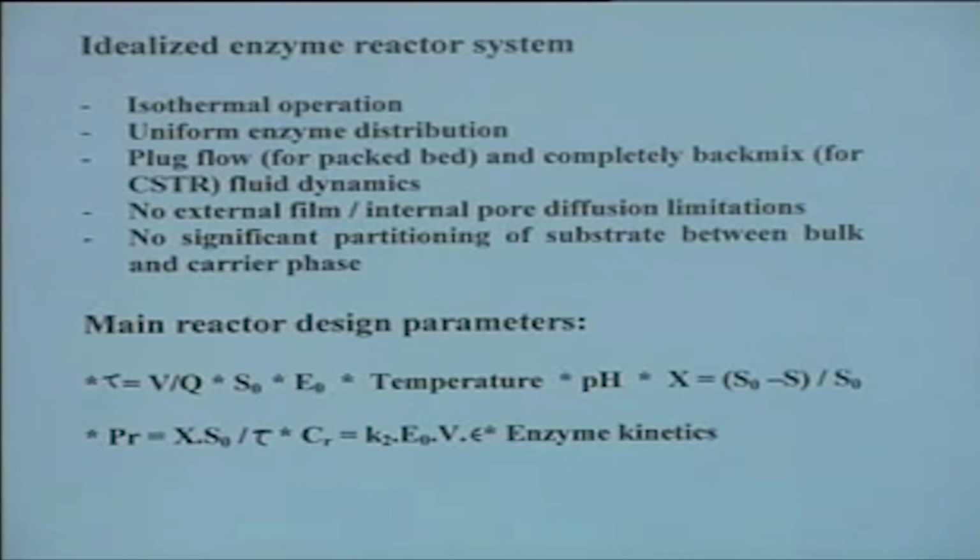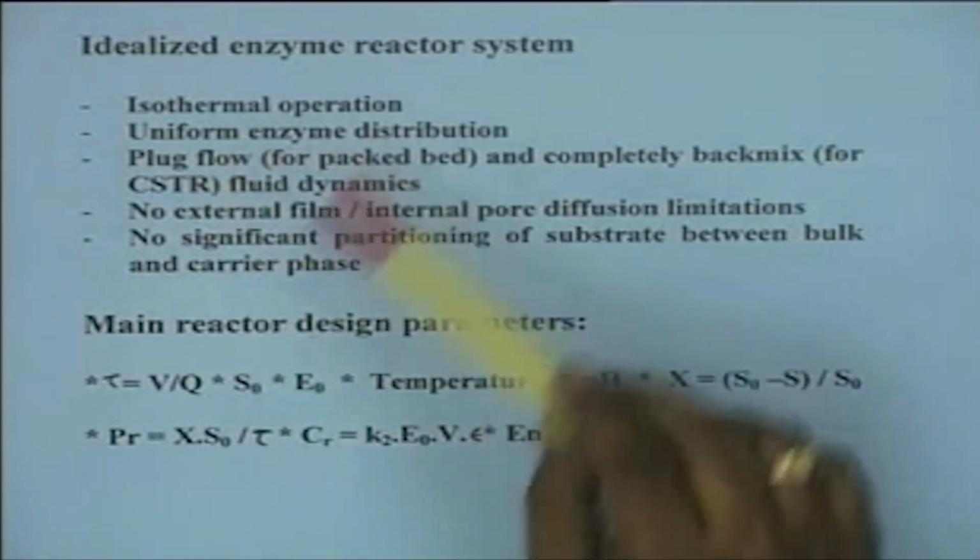We can take up those issues one by one, and to begin with we can only consider an idealized enzyme reactor system, whereby we would like to make certain assumptions. The first assumption is that the reactor undergoes isothermal operation. That means the delta H value of the reaction is not very high, so there is no temperature gradient in the reaction. And of course, uniform enzyme distribution.